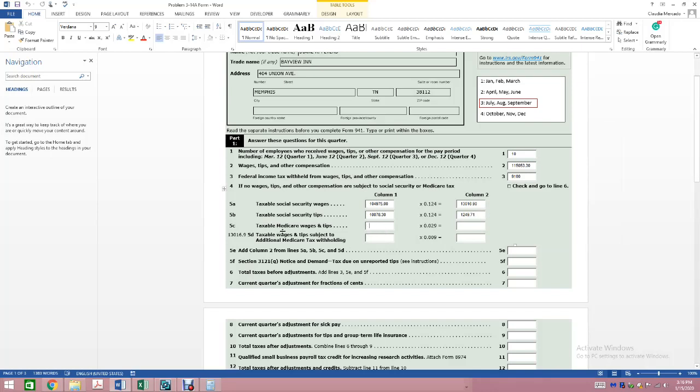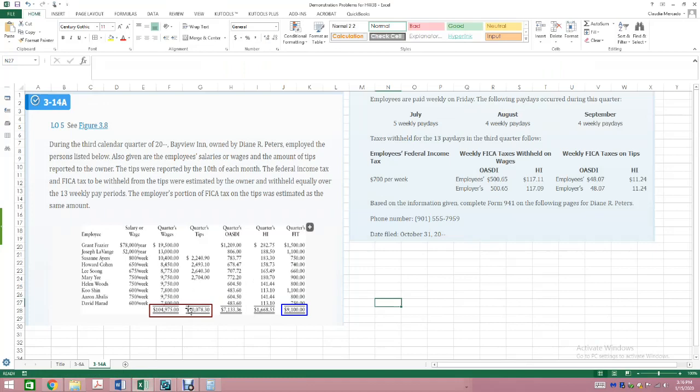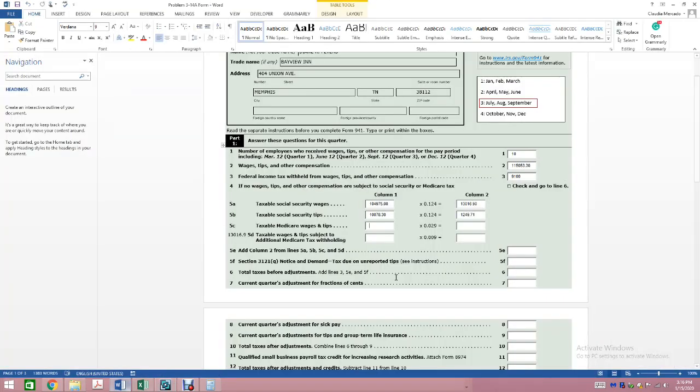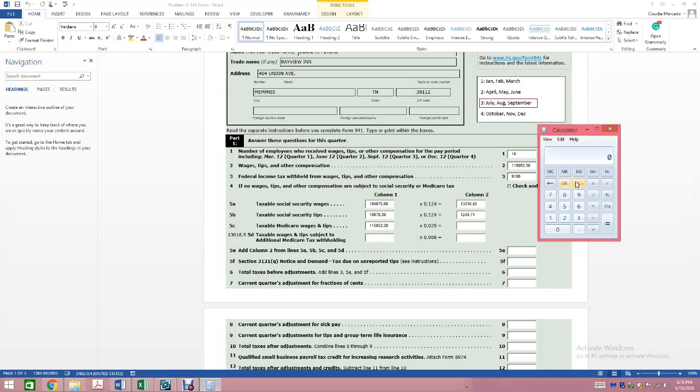Now it's asking you, what is your taxable Medicare wages and tips? Medicare. Okay. This combines your wages and your tips. For Medicare purposes, we combine them both. So we basically add these two amounts together, which we had already done previously, and that amount is $115,053.30. Then you multiply it by the rate provided in the form, which is 0.029.